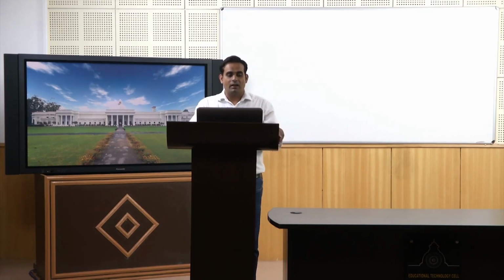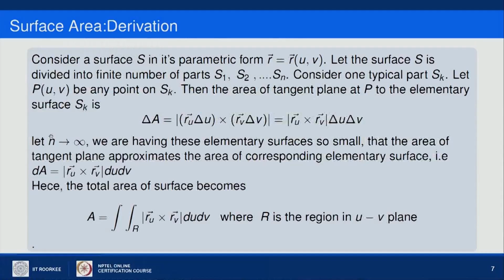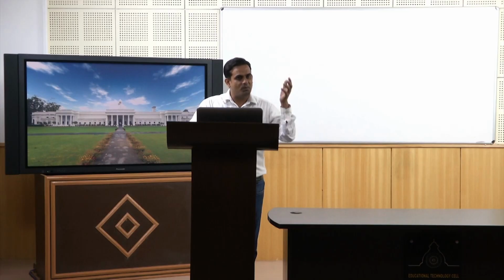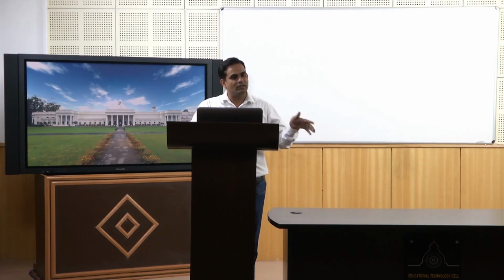Then in the limiting case when n tends to infinity, this del A will become dA and it will be the magnitude of Ru cross Rv, that is the normal vector to the tangent plane, du dv. And now the total area of the surface will become the sum of the areas of all tangent planes, and I will call it the surface area.